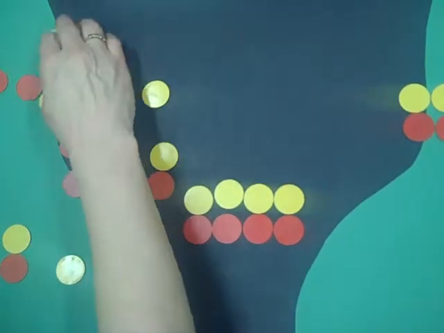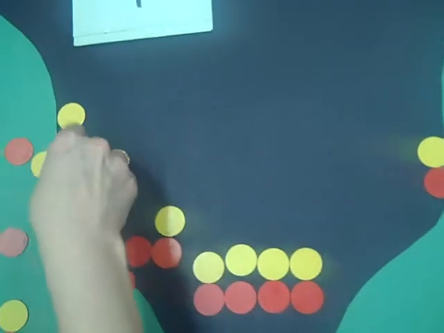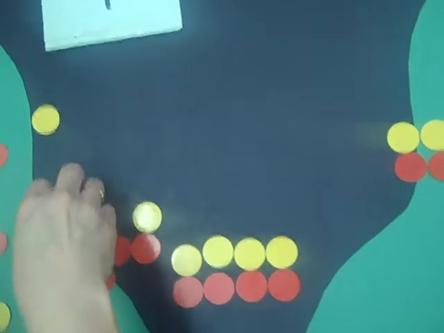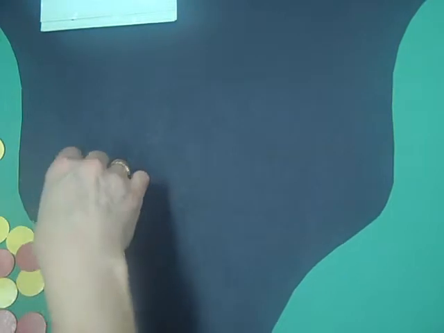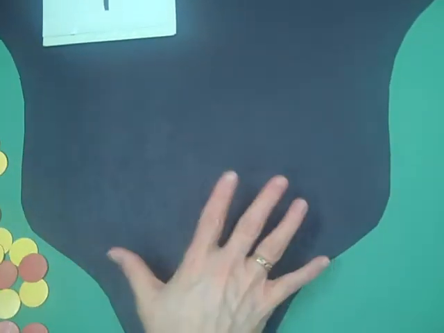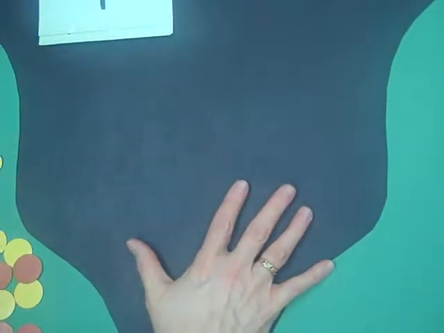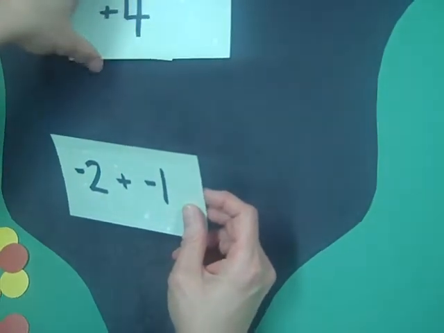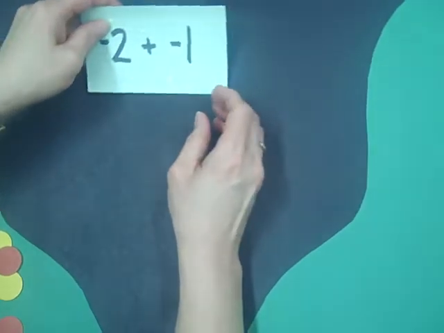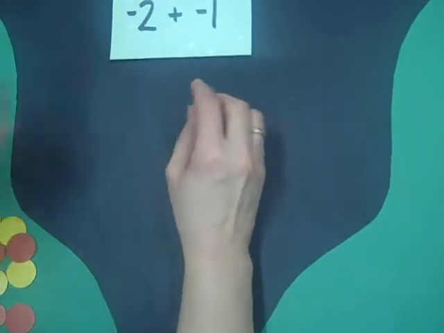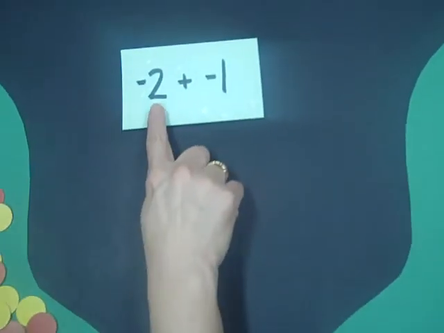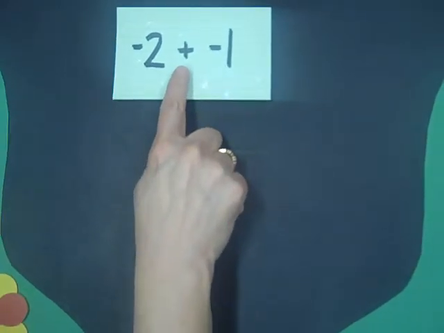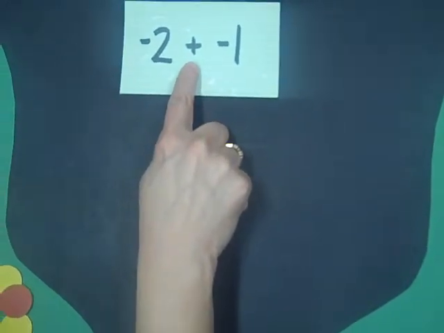Okay, let's do some modeling when I'm adding integers. Now, one thing you need to keep in mind, when you're adding, you are physically putting it back onto the board. When you're subtracting, you're taking it off of the board. Now, one thing to keep in mind too, the first sign is the operation.